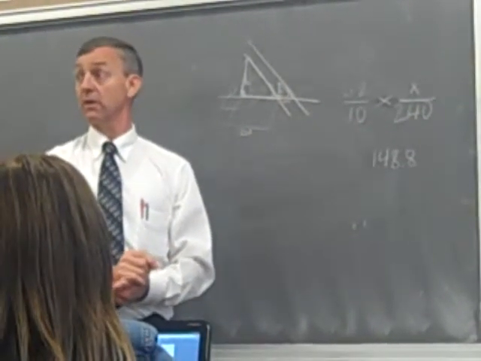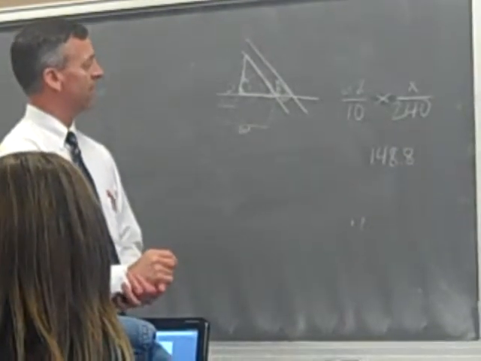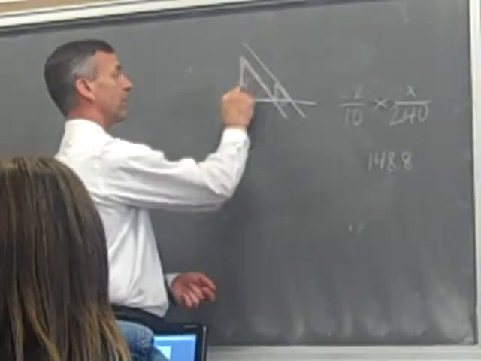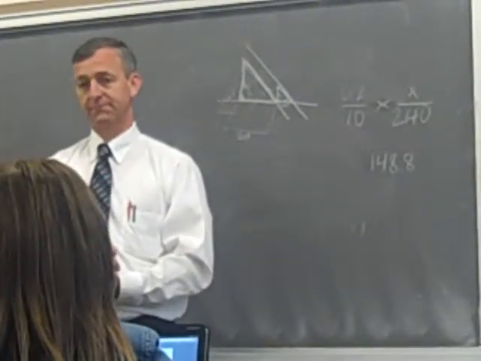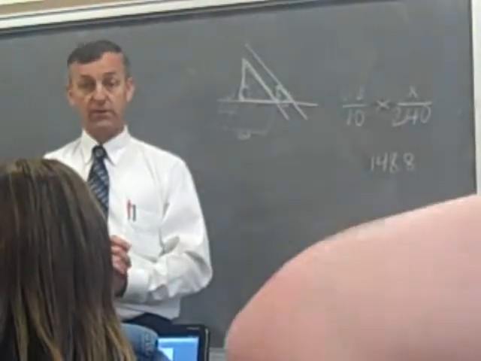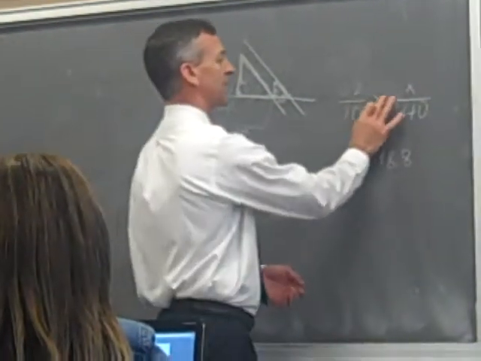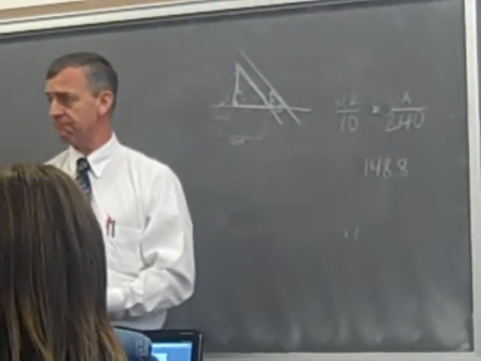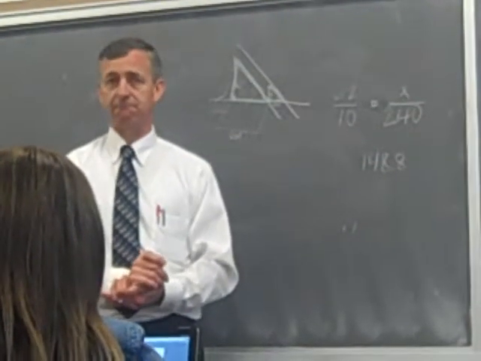Corresponding angles are congruent. We learned in Unit 1. Therefore, this little triangle is similar to this one. If it's similar, what do we know? That the sides are in the same ratio, which means they're proportional, which means we can set two ratios equal to each other. Okay? And then she said she solved it by cross multiplication.